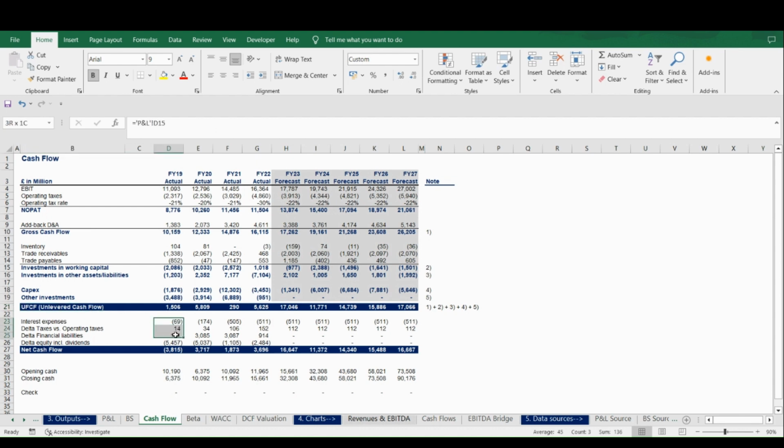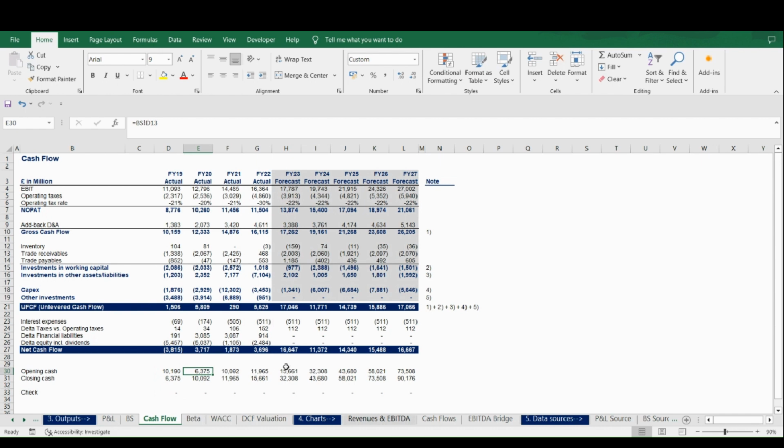Next up, we have our financing activities, which show the interest expenses, change in operating tax, liabilities, and dividends and all. Then we get the net cash flow for the year. Then here we have the opening cash flow, which is equal to the previous year's cash flow. And here we have closing cash flow, which is equal to the opening cash plus our net cash flow for this year.